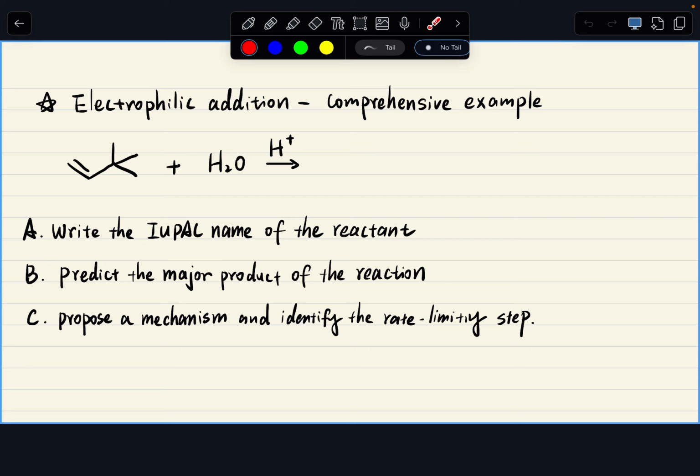It's primary because around that carbon center, where the positive charge is, you only have one R group attached to it. Among these two, my secondary carbocation is more stable.